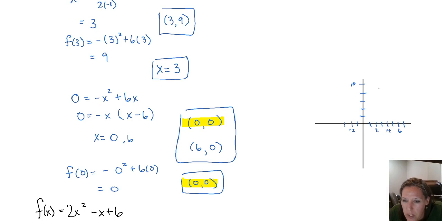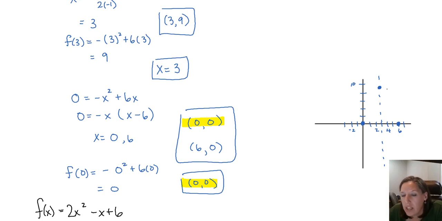And so our point (3, 9), x equal 3, y equal 9 is our vertex. We do have that vertical line of symmetry at the line x equal 3. We have an x-intercept at the origin and an x-intercept at 6 and a y-intercept at the origin.